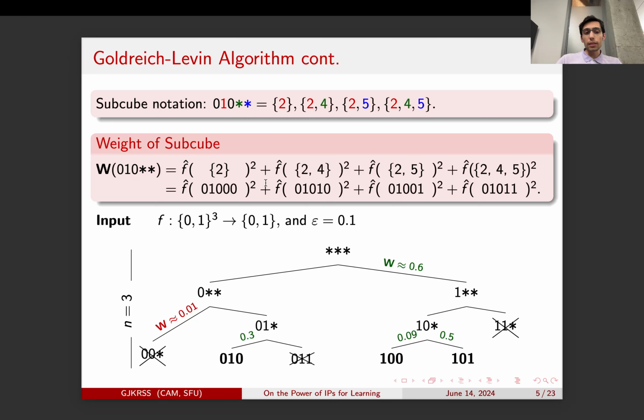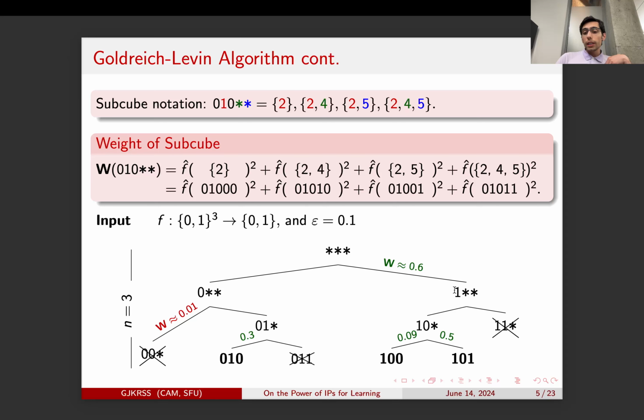As an example, let's say we have this function f, and we have this error parameter epsilon. So we want to find all of the Fourier coefficients of f that have absolute value more than, let's say, 0.1. So we start with the set that contains all of the coefficients, and we start by splitting this set by fixing its coordinates. So we go to 0 and we go to 1.